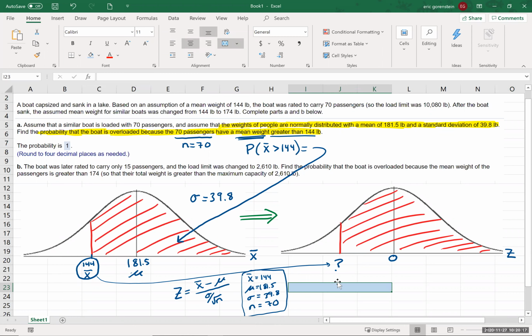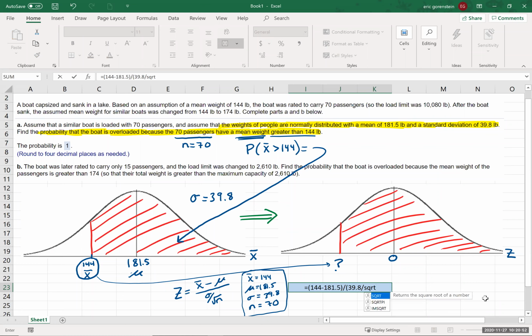So let's do that in here. Okay, so I'll just type that formula into Excel, equal x bar 144 minus the mean, which is 181.5. That's the numerator. And then divide that by standard deviation, which is 39.8 over square root SQRT of 70.